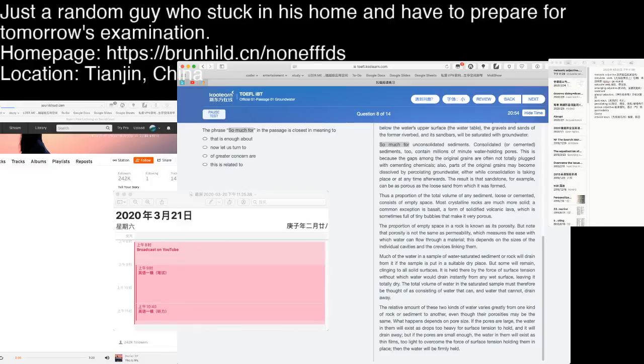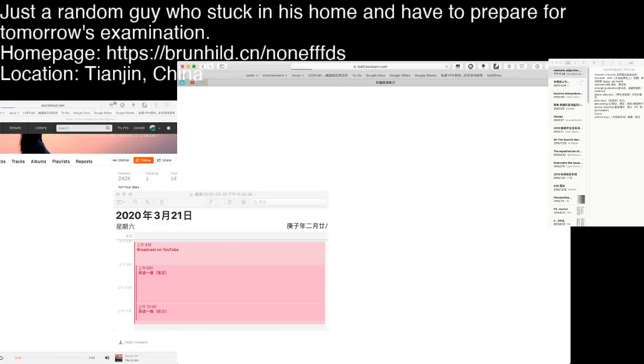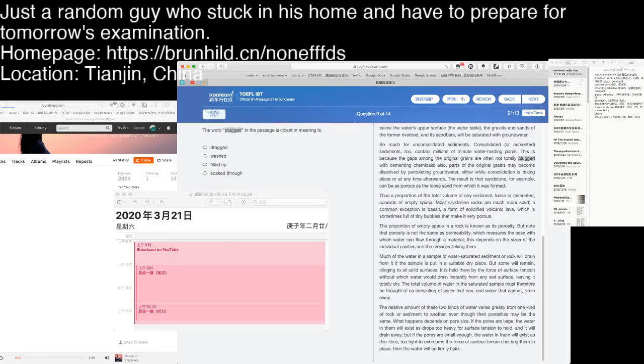Which word in the passage is closest in meaning to plugged? That is enough about. Now let's turn to, of greater concern are. This is related to. That's enough for. Isn't it just thinking about the word plugged? It's a plug. You want to plug into the hole. I think it is filled up.